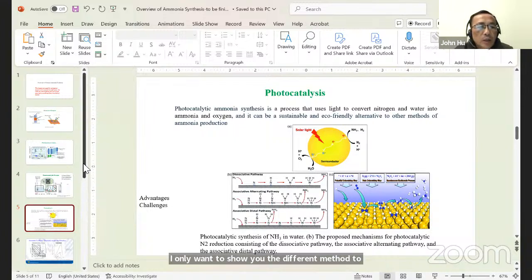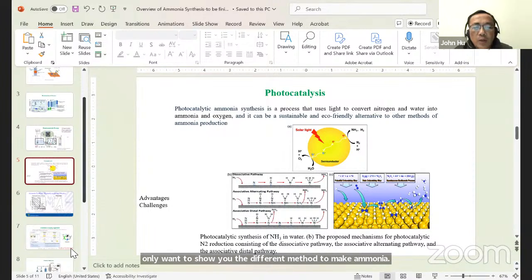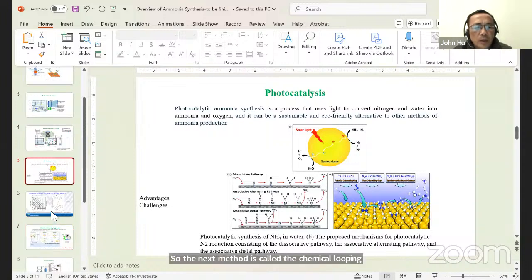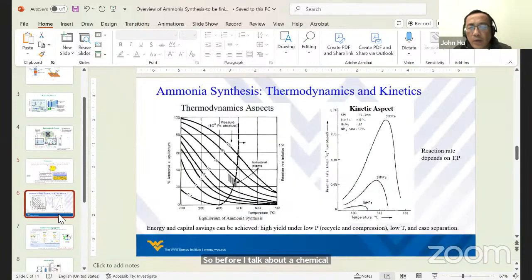So the next method is called chemical looping. Before I talk about chemical looping, I want to show you a diagram. I think this diagram is from a book. In ammonia synthesis, remember we said it's thermodynamically controlled.